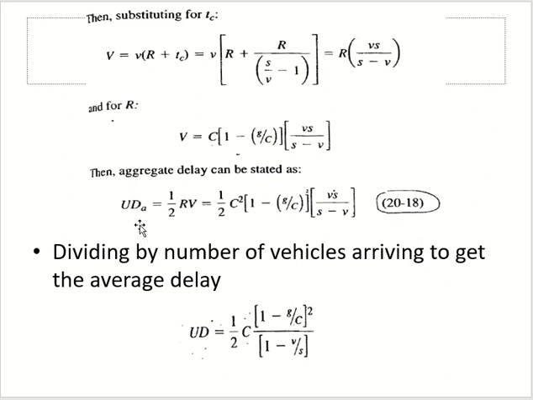Now you can see here they are using the small a. Small a stands for aggregate, total. So this equation gives you total delay.